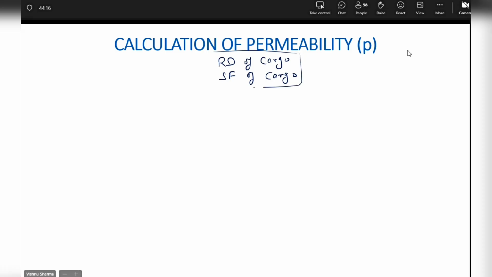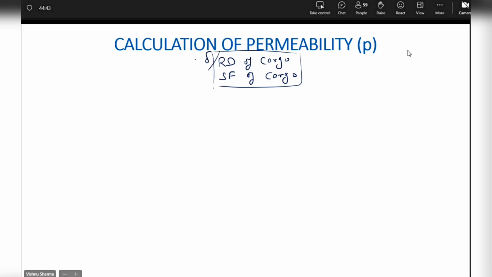And they do not provide you permeability. So the rest of the working does not get impacted. What gets added at the beginning of the question is calculation of permeability. So if the question comes like that, please do calculate permeability and you should know how to calculate permeability.